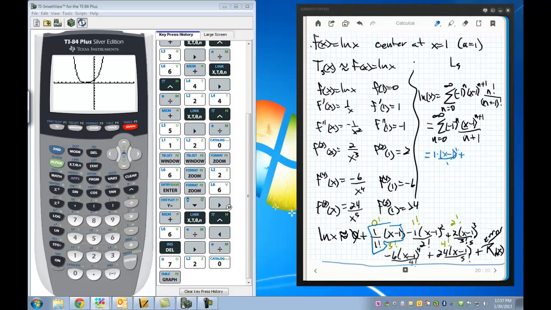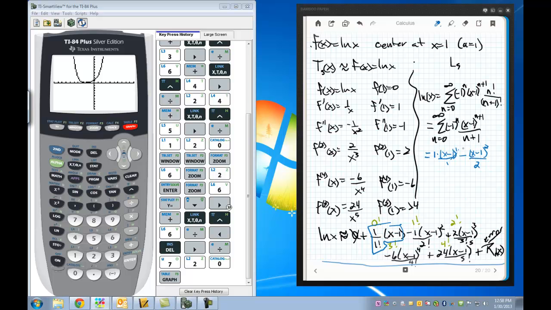So it's not even a plus, is it? It's a minus. So I get minus (x minus 1) to the, when n is 1, that's going to be squared, divided by 2. Hey, that works out really well.